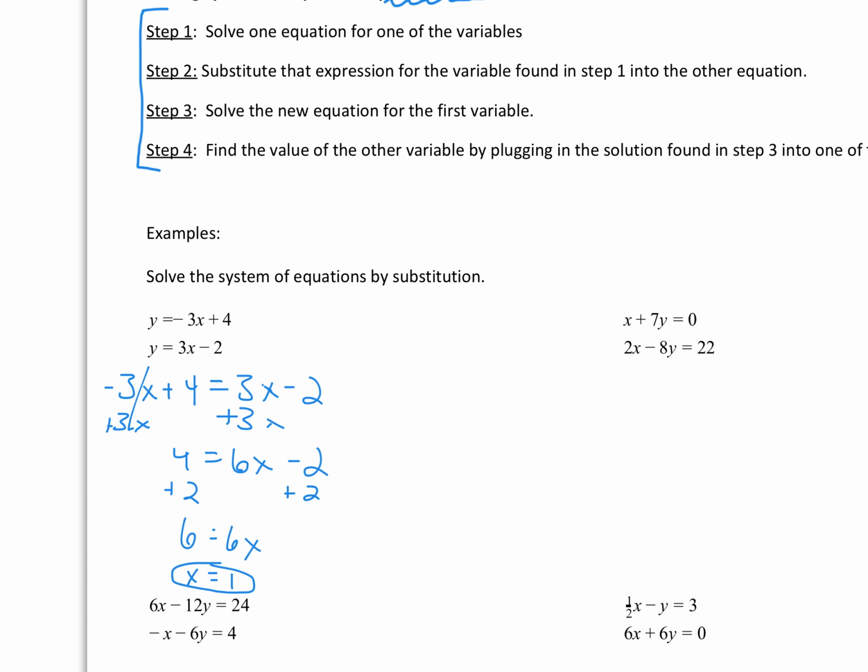Again, it doesn't really matter, but for step 4, let's take y equals 3 times 1 minus 2. Again, I plugged that into the second equation. Evaluate from there. We have y equals 3 times 1 is 3. 3 minus 2 is 1. So here's our second value. We can write this as an ordered pair. Solution is 1, comma 1.